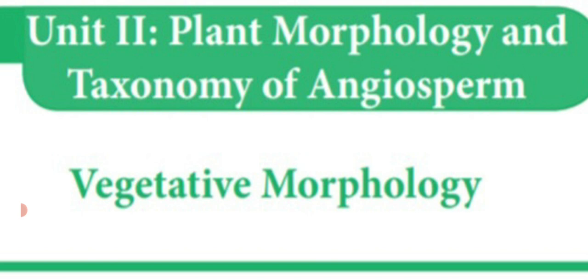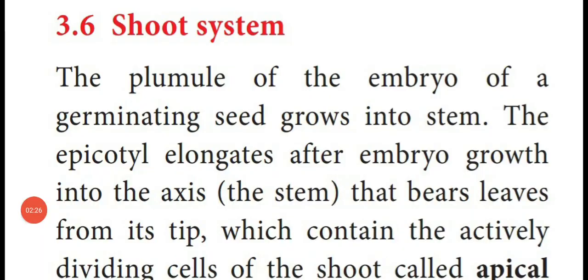Now we are going to see another vegetative organ of a plant body, that is shoot system or stem. Dear students, shoot system. The plumule region of an embryo of a germinating seed develops into a shoot system.